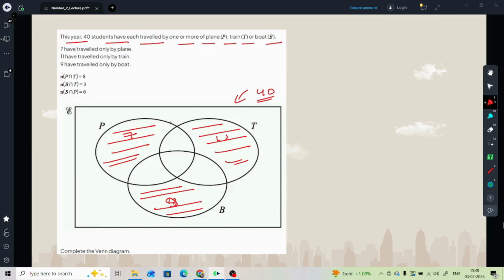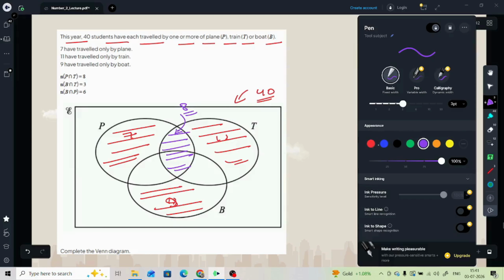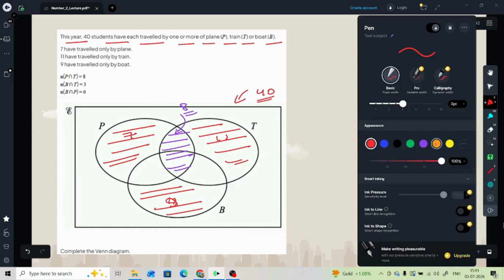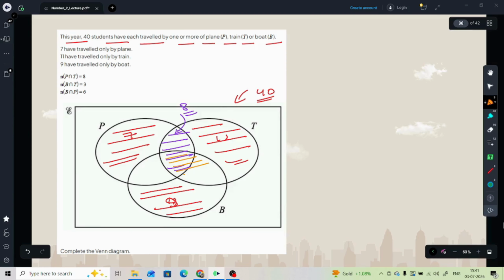And the number of elements in P intersection T. P intersection T is basically this part, this is the whole part. So this is how much? This is 8. Then the next is the number of elements in B intersection T is 3.